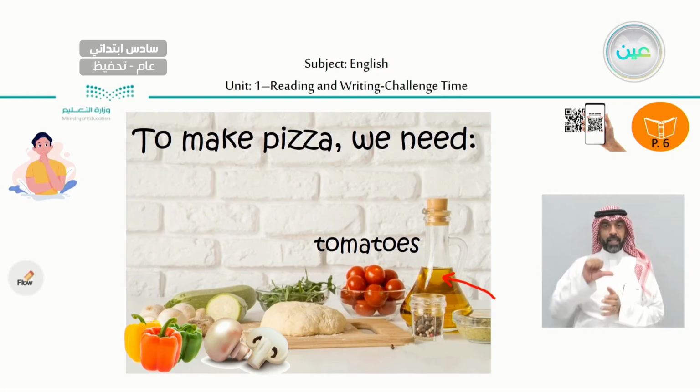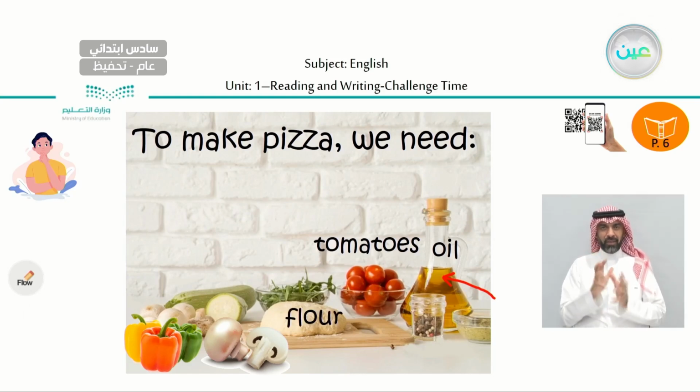It's oil. Oil. Okay? So repeat after me. Oil. Very good. Yes, we need tomatoes, oil, and also we need what? Yes, flour. That's good. We need flour. Okay, repeat after me, please. Flour.